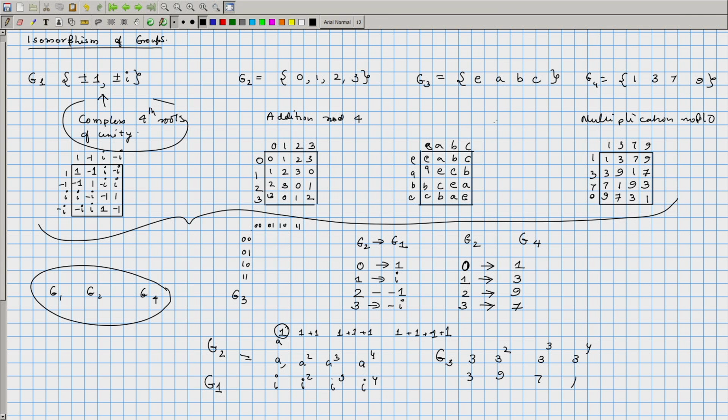Now, all that we showed is these 3 are the same. How can we say that the fourth group, G3, sorry, here I should have written G3, is very different from the others? Okay. So, in G3 there is no element which generates the complete collection.